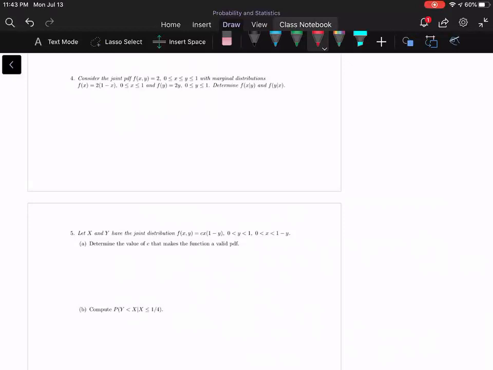So here we're actually going to use the distributional functions or definitions, which means that f of x given y by definition is the joint distribution over the marginal of y.